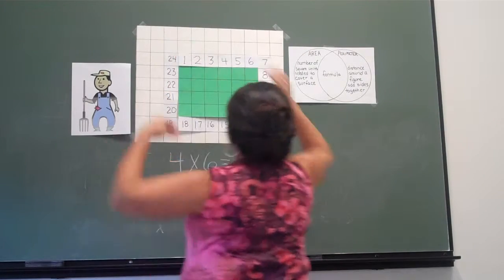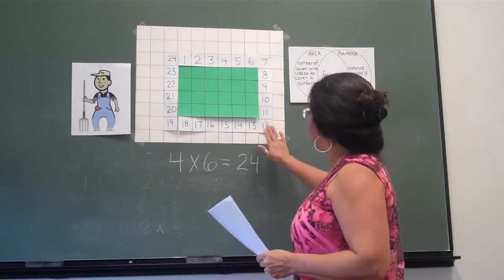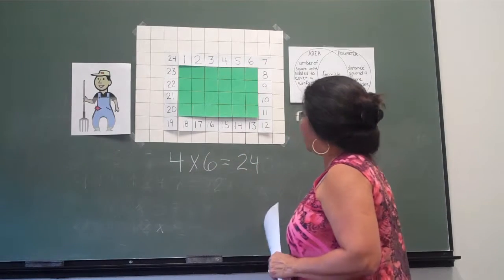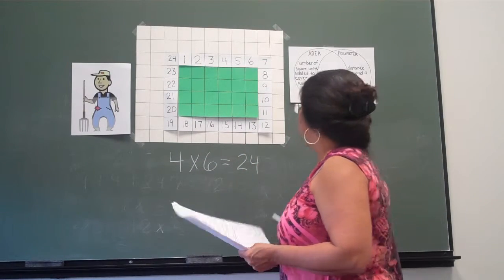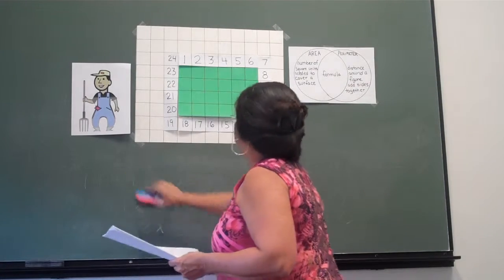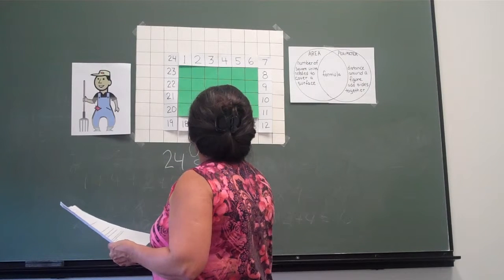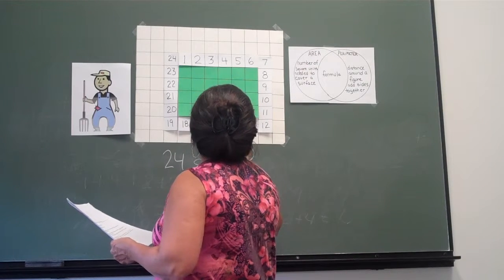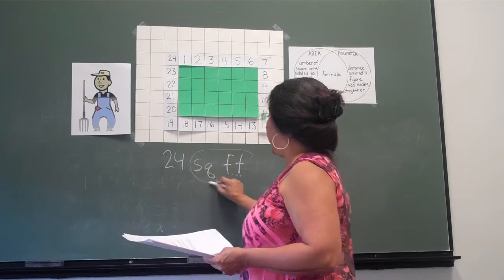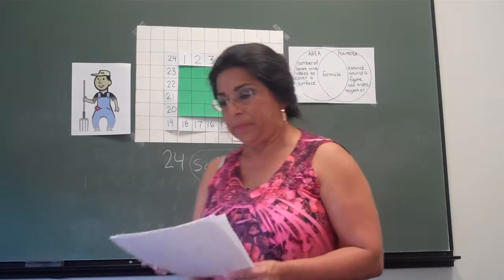Okay, there we go. Now, so how many square feet are in the perimeter of his garden? Very good. Stephen, you're on top of it today. That is correct. He's got 24 square feet. Now it's going to be real important that you always state what your measurement is, because we're going to be changing that in a little bit.